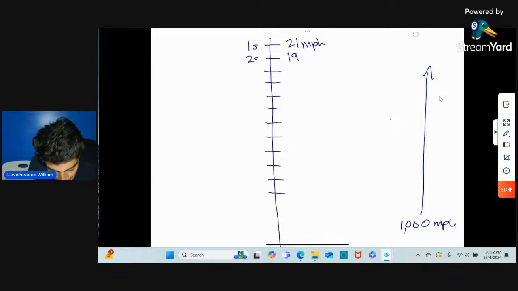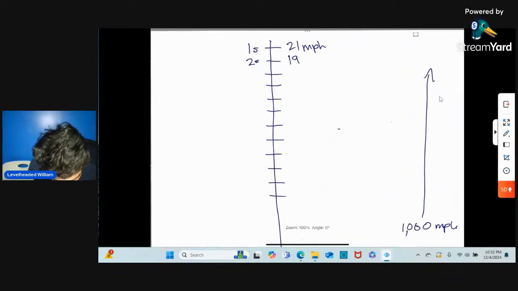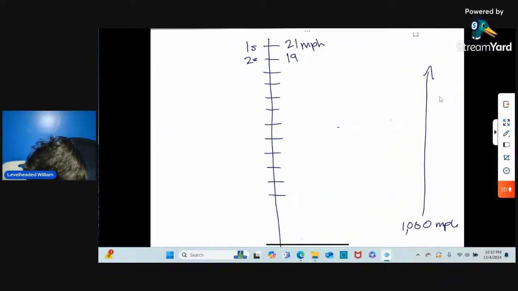So in the second second, there'll be a 19 mile per hour, which means in the second second, now there's a difference in speed of 40 miles per hour between the skydiver. We'll do a little person here, skydiving, right?